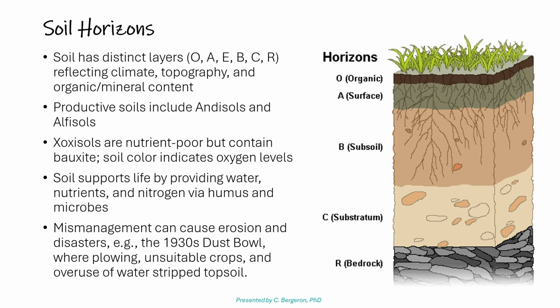Each layer has a name, a soil horizon letter, a distinctive kind of nickname. So layer O is organic, A is near the surface, B is your subsoil, C would be your substratum, and by the time you get to R, you're looking at the bedrock.